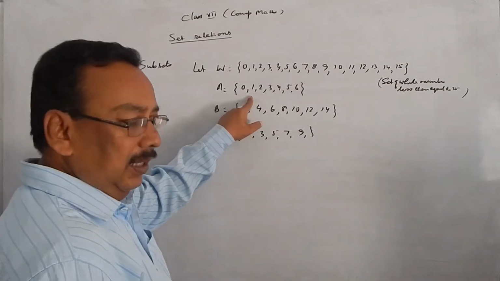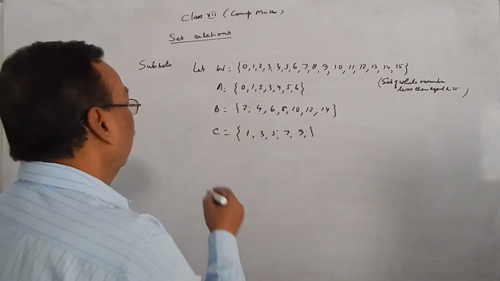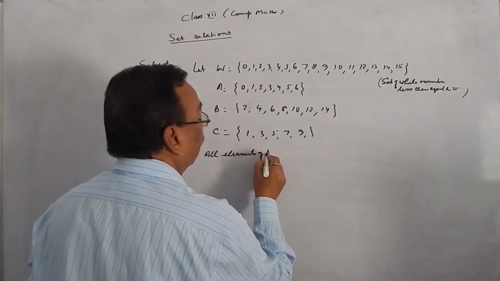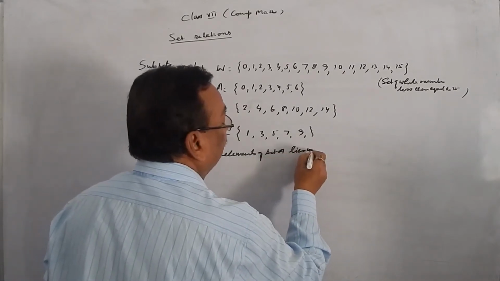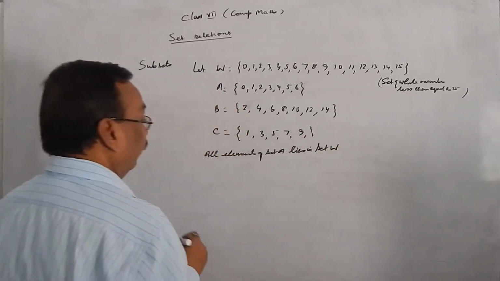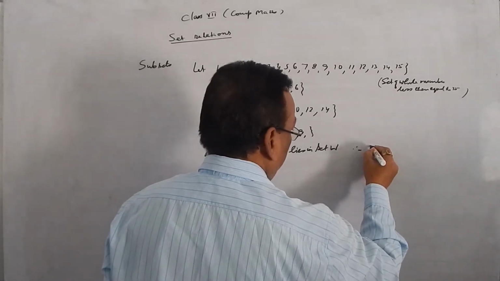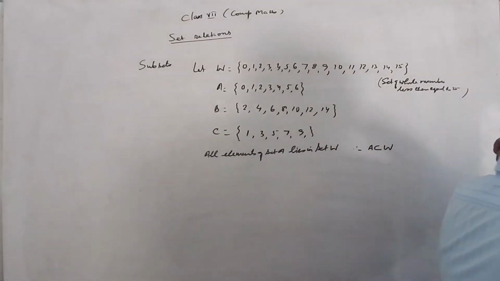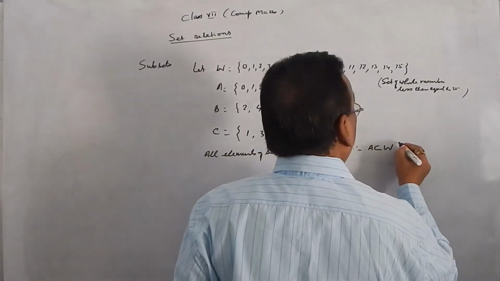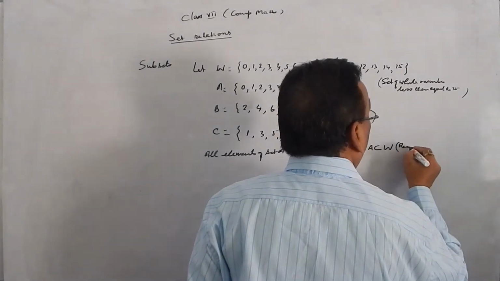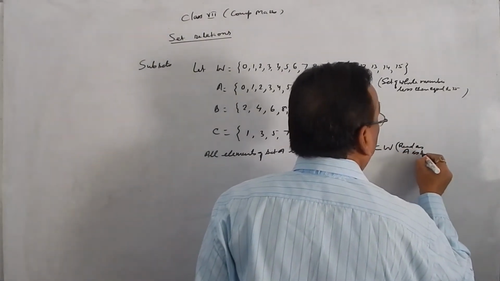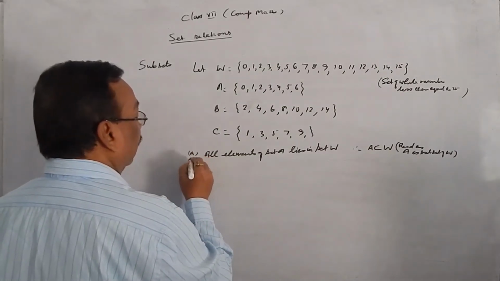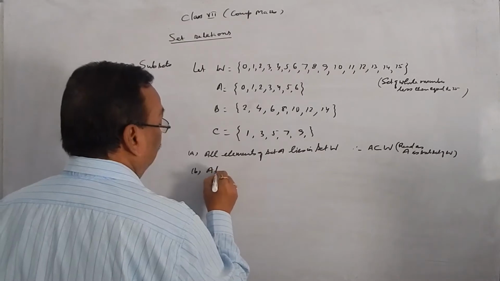All elements of A lie in W. All of set A lies in set W. Therefore, A is a subset of W. Read as A is a subset of W.